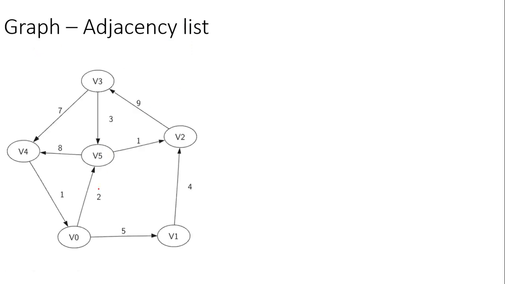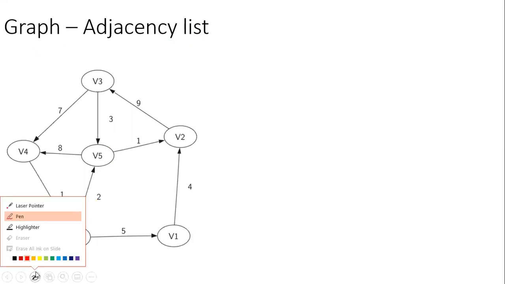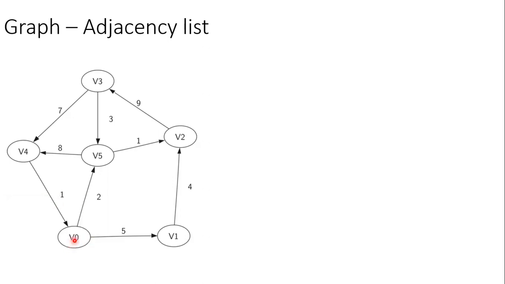Here we can see that many vertices are being used, and there are totally 6 vertices identified, from V0 to V5. For V0, the neighbor is V1, and V5 is also a neighbor. One edge has a weight of 5, and on the other side it has a weight of 2.